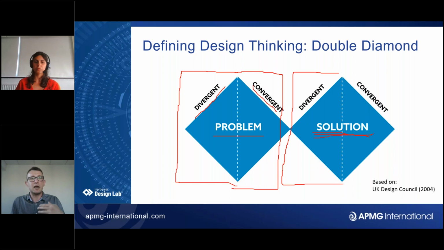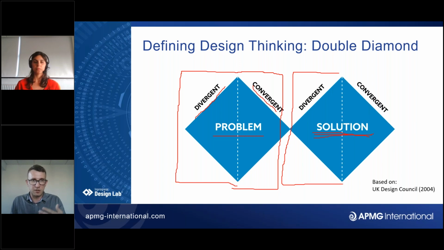Now you make an analysis to find what the real problem is or which needs of stakeholders are the most important, on which parts of the challenge you should focus when you develop a solution.